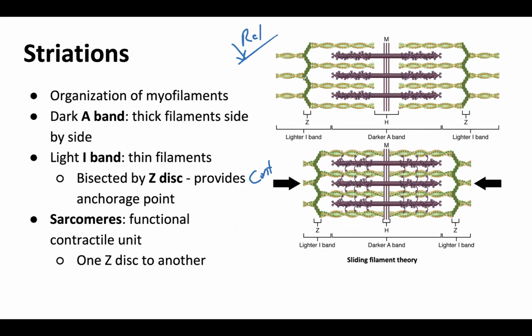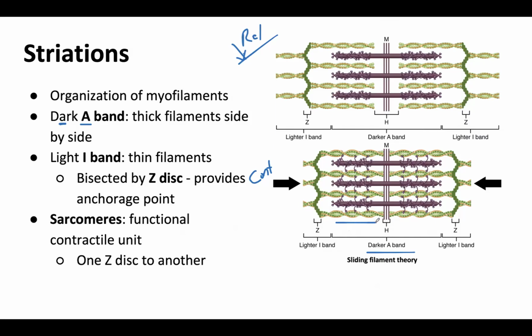And we have what's referred to as the dark A band. I remember this because there is an A in dark. So the A band is going to be dark. And this A band has thick filaments lying side by side, but also part of the A band is where the thick and the thin filaments are going to overlap.